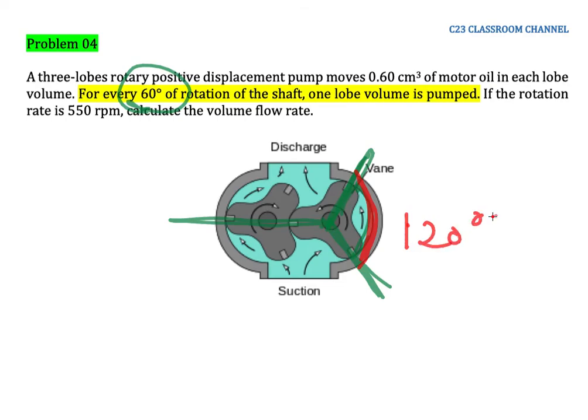What you need to understand is, if the lobe here is moving counterclockwise like this, from this area to this area, it actually also changes this one to this area, because it moved like this.